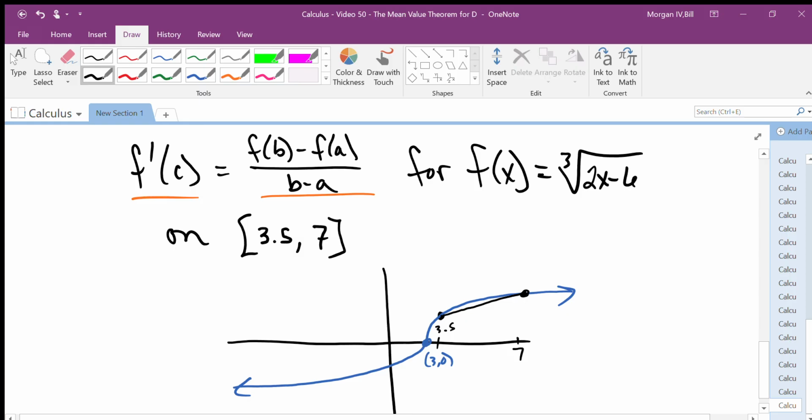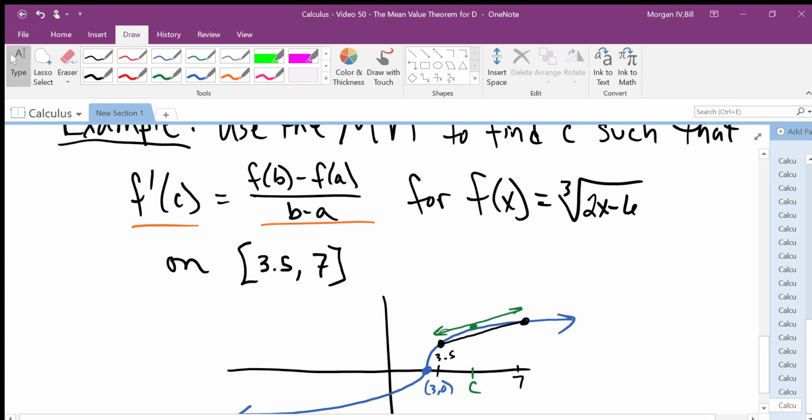As long as this function is continuous and differentiable, there's some point between 3.5 and 7, maybe about right there, such that the slope of the tangent line is the same as the average slope. So we're going to try and find that C value, somewhere between 3.5 and 7. However, to use this, we first have to say that the function is continuous.